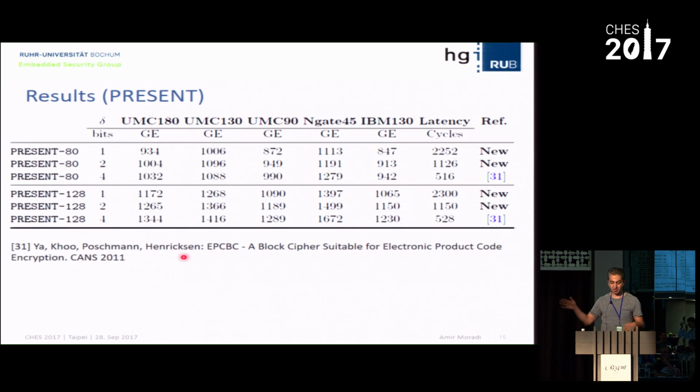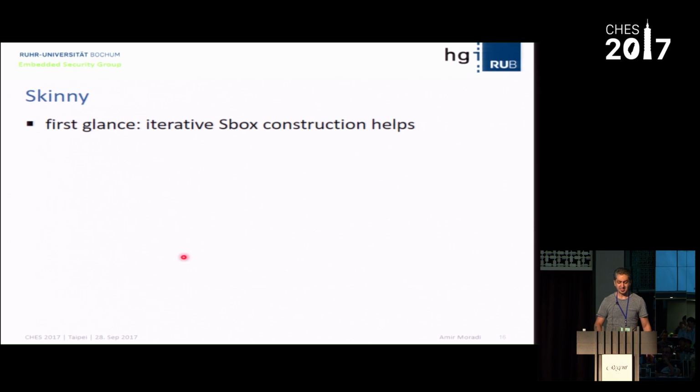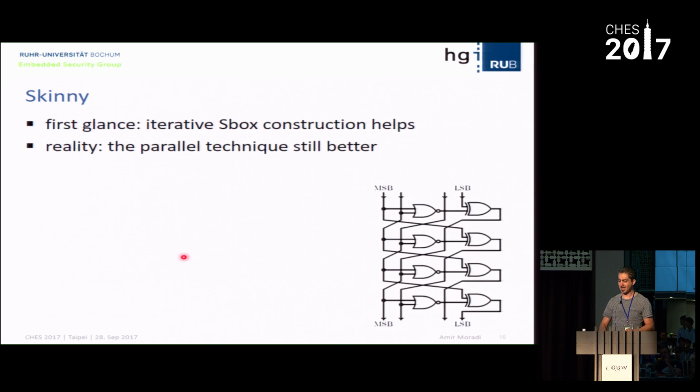This is the benchmark. Again, we can be smaller, but of course at the cost of latency, since we need a large number of clock cycles, but we can decrease the area. In the case of SKINNY, very shortly, at first glance iterative S-boxes help, but actually this is not true. In reality, the parallel technique works better.